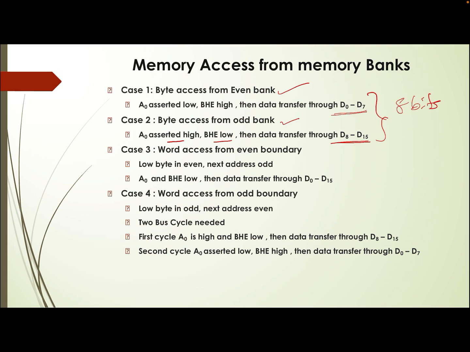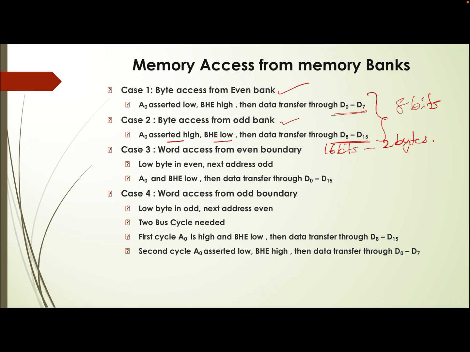The first two cases are for reading 1 byte of data, meaning 8 bits. Now the third case is word access from even boundary, reading one word. One word is 2 consecutive locations, that means 16 bits, or 2 bytes.